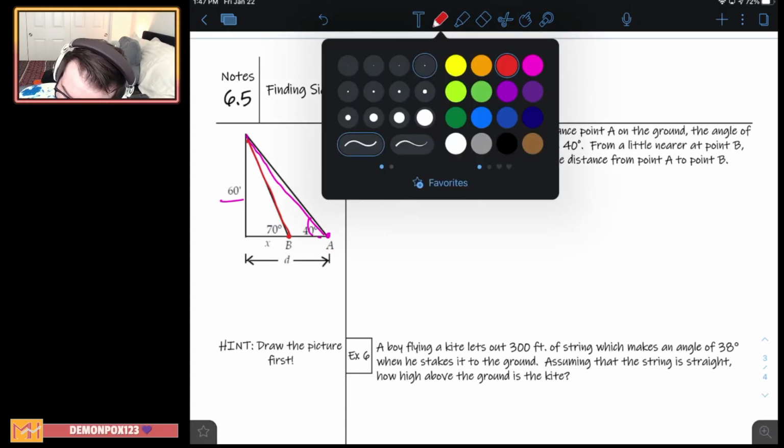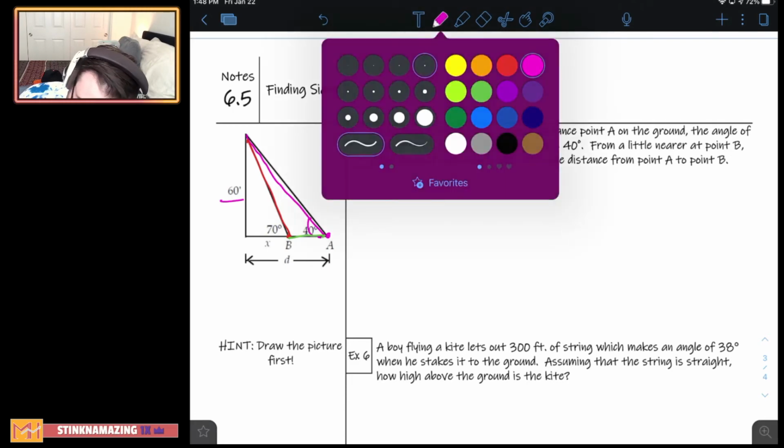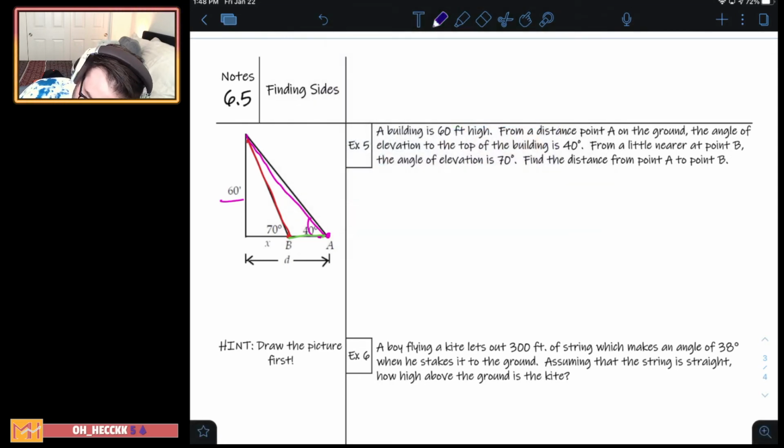We want to find the distance from point A to point B. Cheeky, eh? We're trying to find that distance. Well, this triangle right here is not a right triangle. We cannot use that triangle.